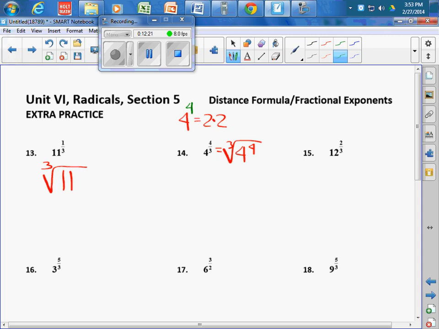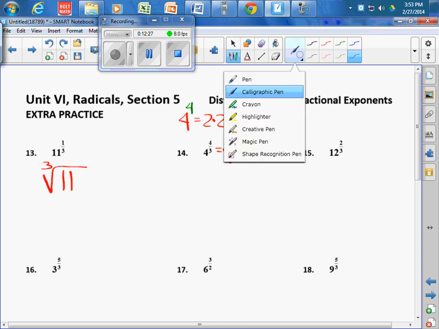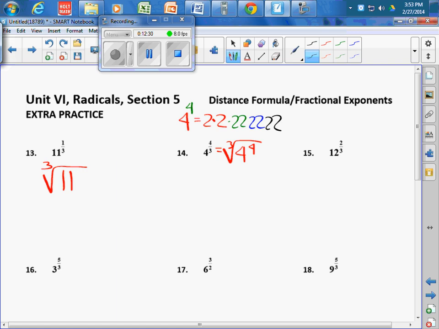So one of them is 2 times 2. Another one is 2 times 2. Another one is 2 times 2, and yet the 4th one is another 2 times 2. So we're looking at the cube root of 1, 2, 3, 4, 5, 6, 7, 8 2's.